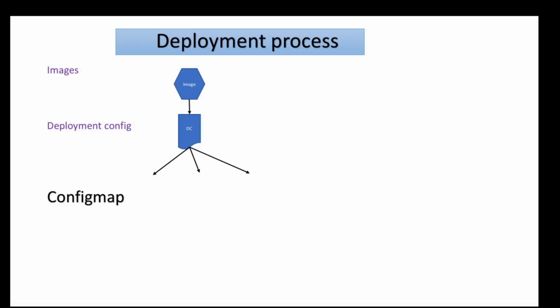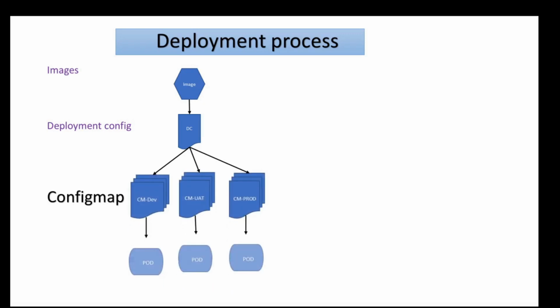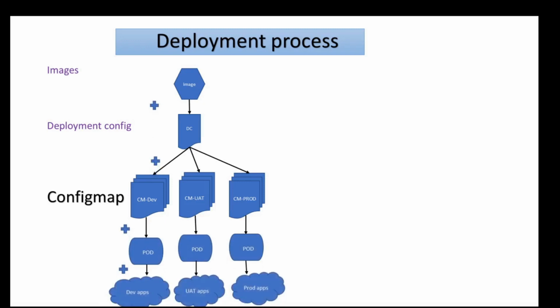So that information gets pulled from the config map and it will deploy your pod. The pod will create your application, right? So you have an image. The image will be pulled by the deployment config, which uses these 3 different config maps to create the pods, and you get the 3 different applications.